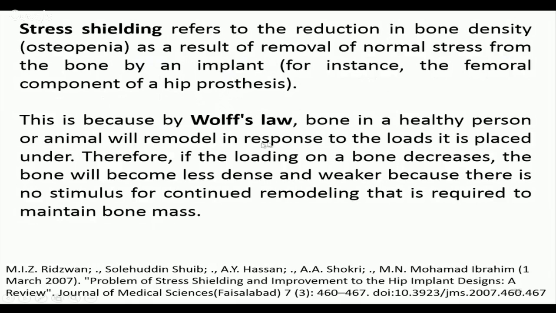So Wolff suggested that if the implant is under unloading condition, there will be osteolysis or bone resorption, that is also a mechanism of implant failure.